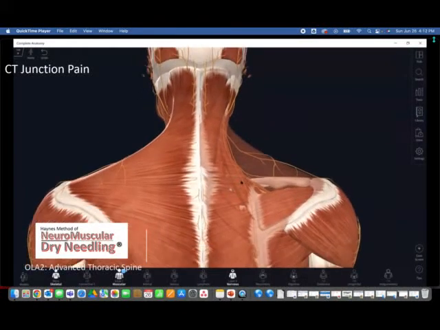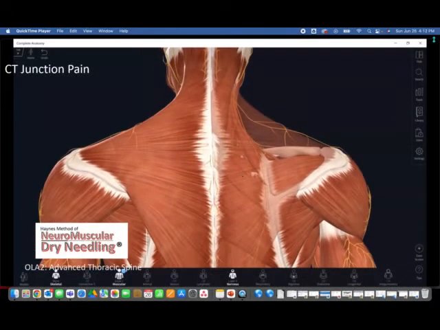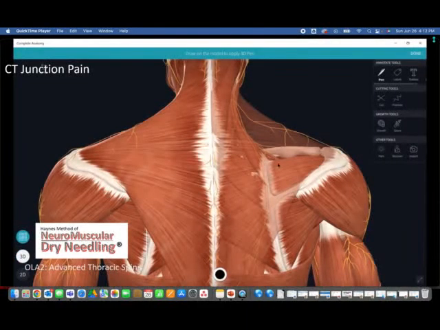Let me come up, and we'll look at the right side since that area is dulled a little bit or faded. So again, our 3D pen, we would look at levator scap. So that would be through that area. Then rhomboid minor.